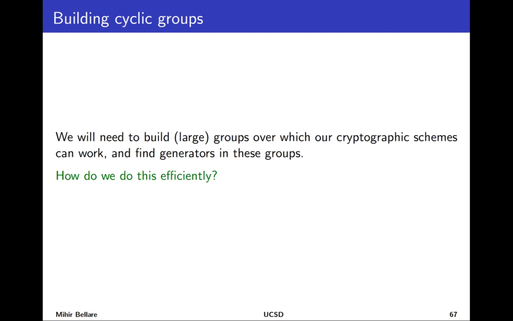We actually need to somehow have them in software or hardware. We need to build them, and we need to be able to find all the parameters necessary and then perform computations which allow us to encrypt and decrypt. And so we need to think also about how do we give algorithms to find examples of these groups, and in particular examples where we think that the discrete log and CDH problems are actually hard.